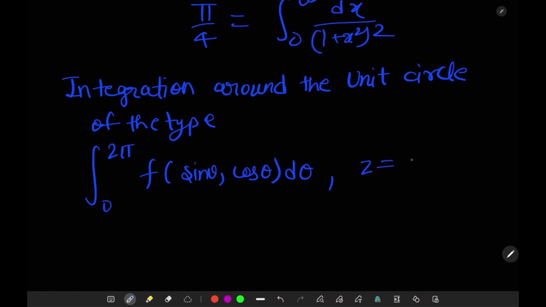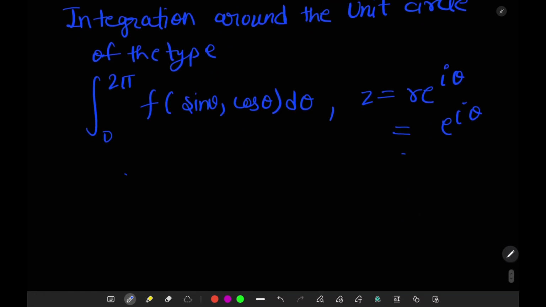Here z is equal to r times e raised to power iota theta. If r is equal to 1, then z equals e raised to power iota theta. Now sine theta is equal to (e raised to power iota theta minus e raised to power minus iota theta) divided by 2 iota.